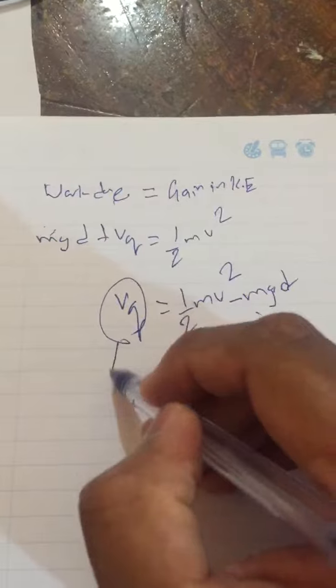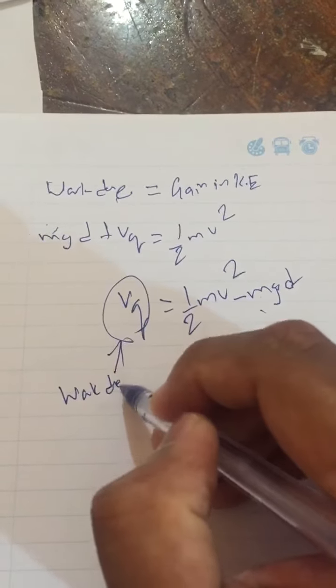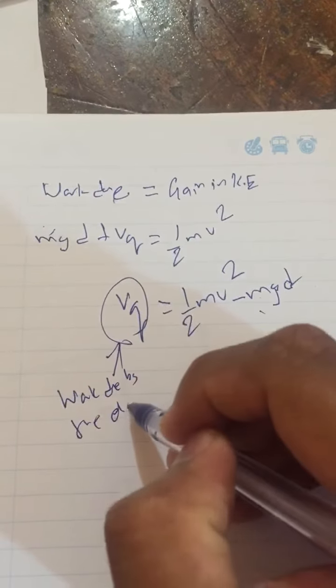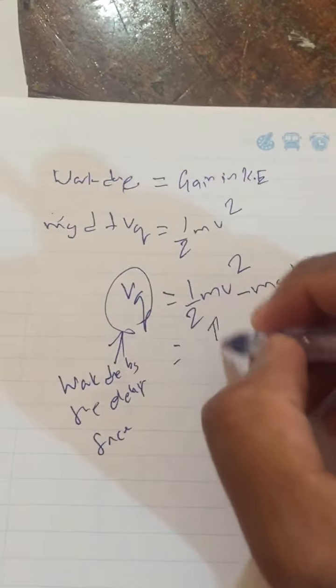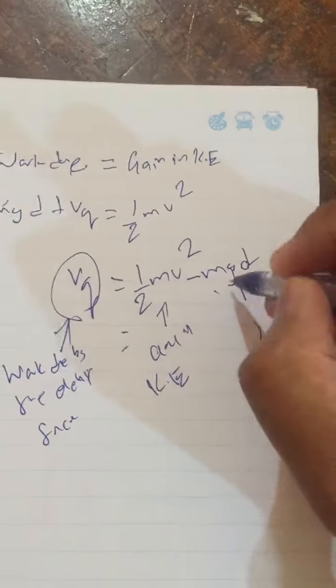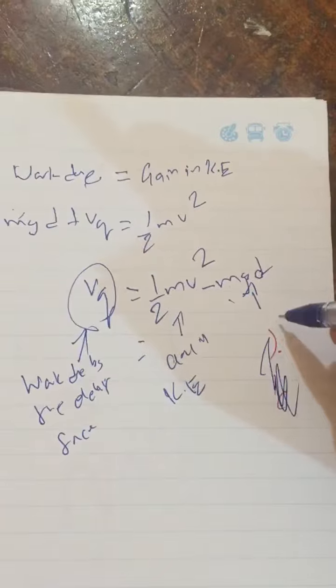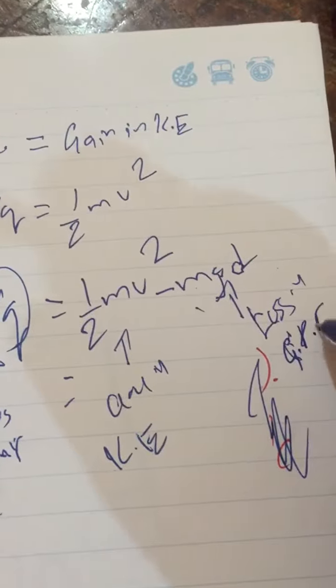Okay, so the work done by the electric force would be equal to gain in kinetic energy minus loss in GPE, gravitational potential energy.